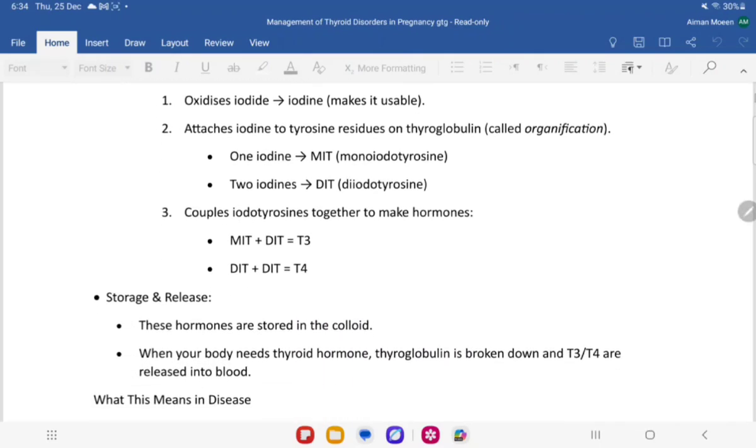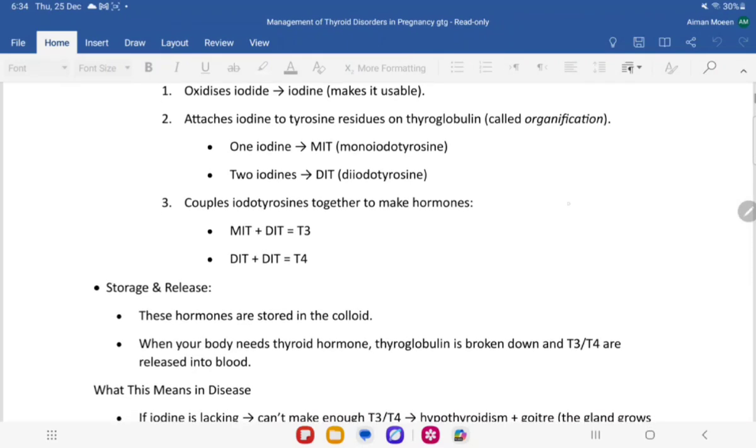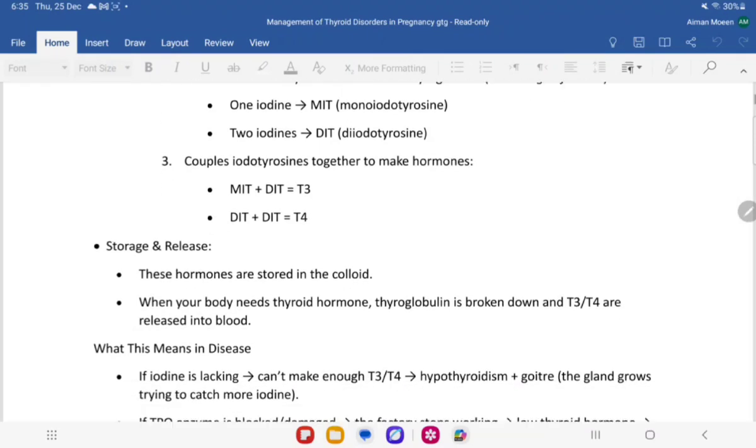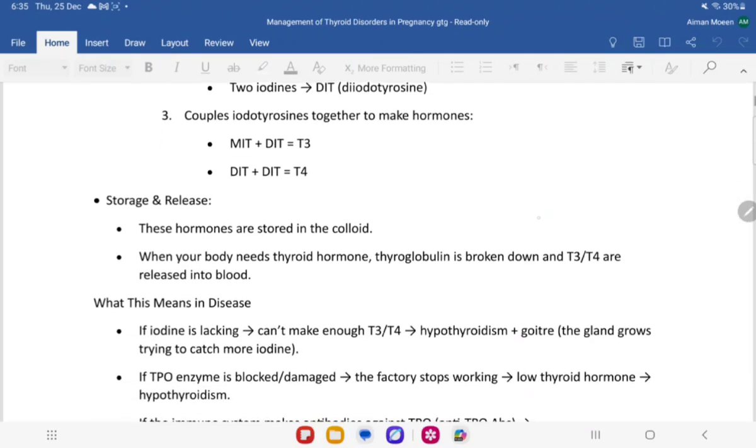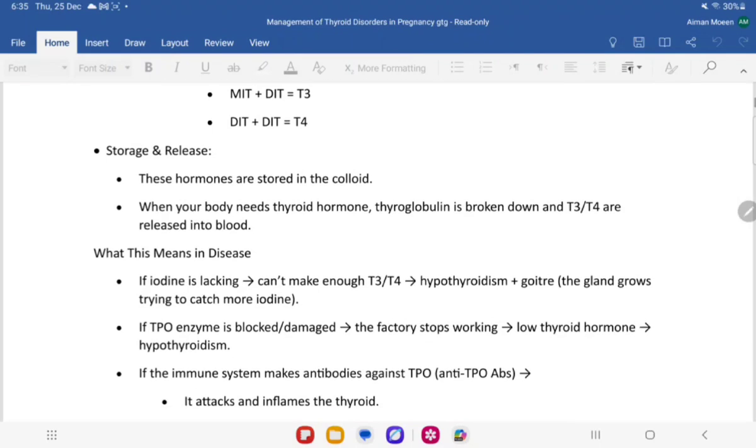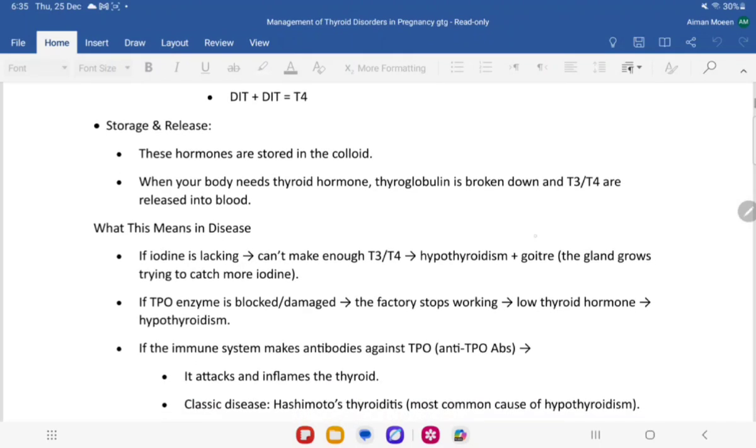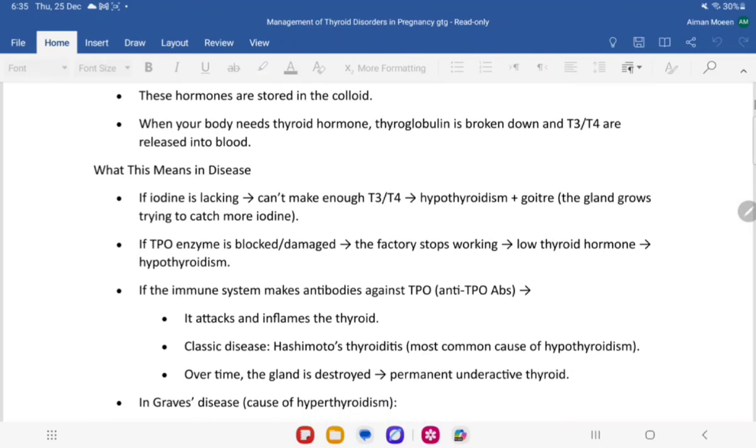When two iodines attach, that is called diiodotyrosine, and when the coupling of the iodotyrosines occurs together to make a hormone, then we call it T3 and T4. Once this hormone is formed, it is stored in the gland in a colloid, and when the body needs it, the stimulation is by TSH, and then it is released into the blood.